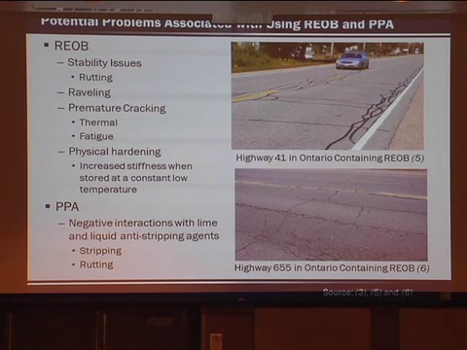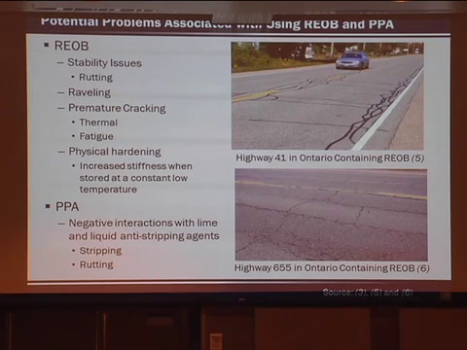When we talk about PPA, one of the big things is that it's been around since 1973. The idea behind PPA and its problems is that there seem to be some interactions with some of the new technologies that we use today in our asphalts, which include lime and anti-stripping agents.